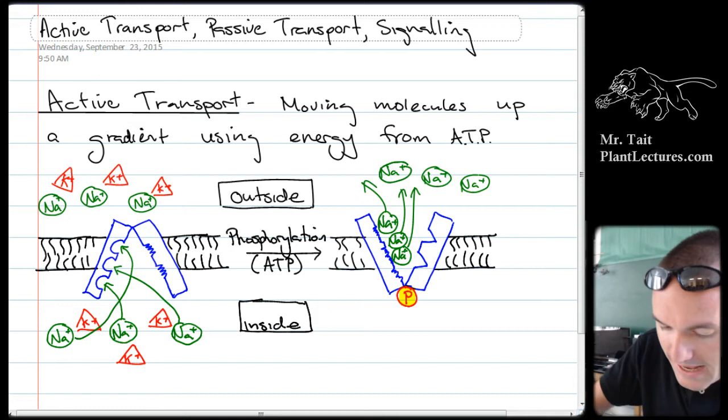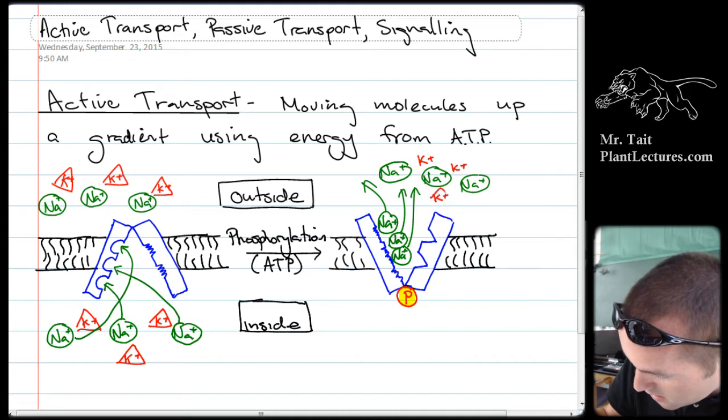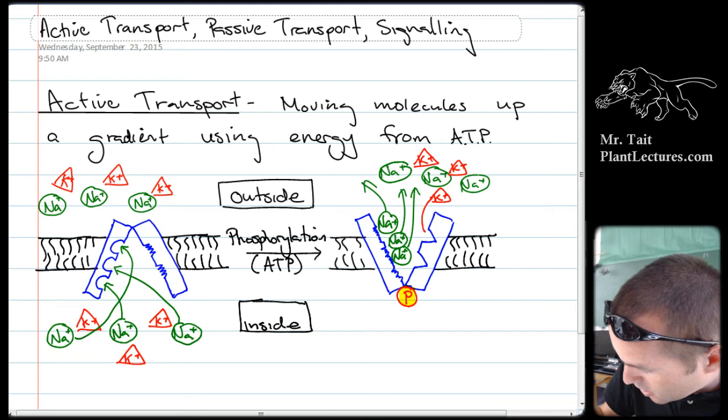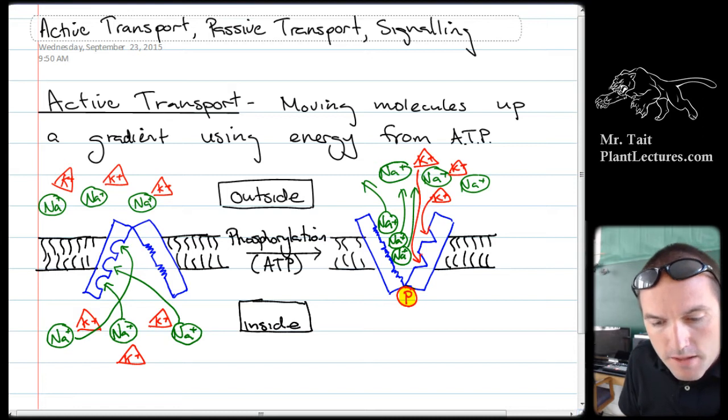And then when the potassium ions go into these spots, it causes the phosphate group to break off.